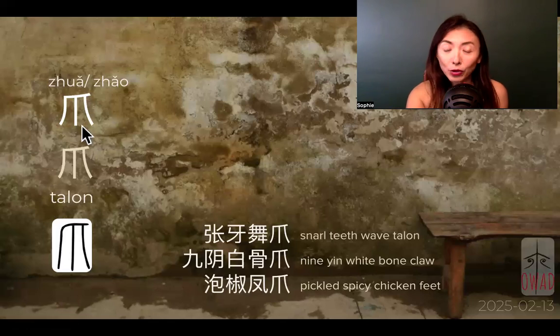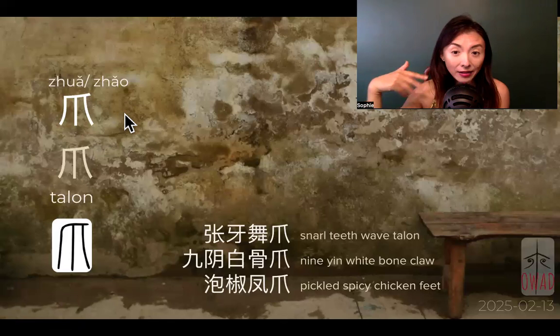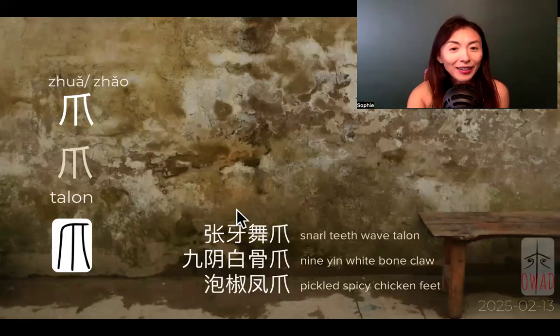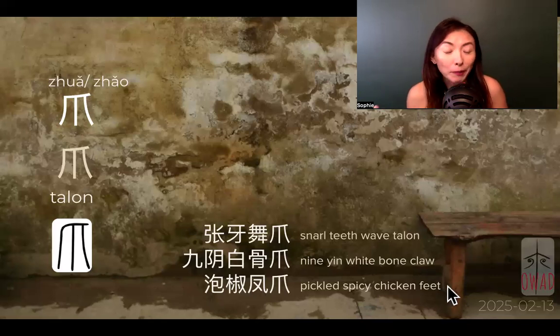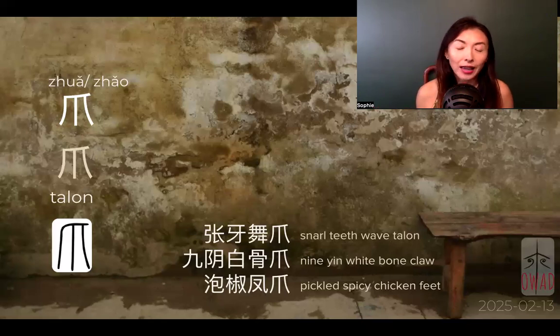So that's our zhua or zhao, the beginning. It's about human figure, hand. But eventually it becomes animal, especially bird. Talon, claw, or chicken feet, they're all the bird, big or small, domestic or wild predator birds.